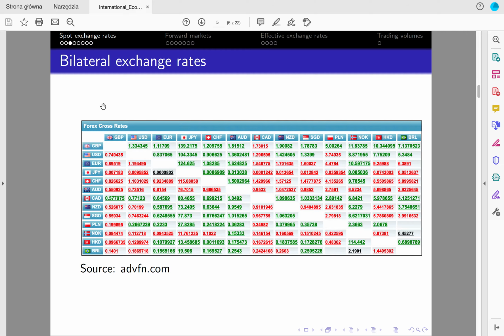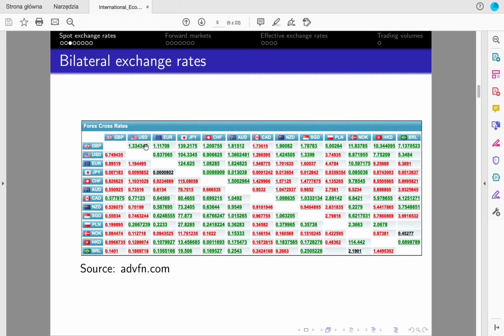Okay, and now let's look at what we see in this table. First, over here, I see how many pounds I need to spend to buy $1, right? So in order to buy $1, I need to pay 0.75 of a pound.